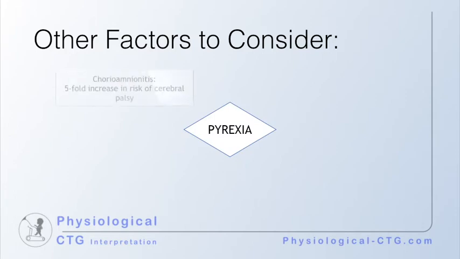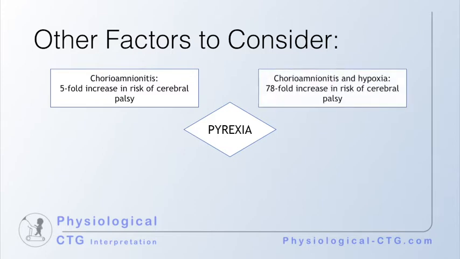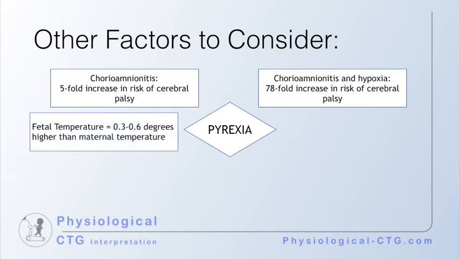Pyrexia. In chorioamnionitis, there is a 5-fold increased risk of cerebral palsy. If we combine pyrexia and hypoxia, there is a 78-fold increase in the risk of cerebral palsy. It's worth noting that the fetal temperature is between 0.3 and 0.6 degrees higher than the maternal temperature.